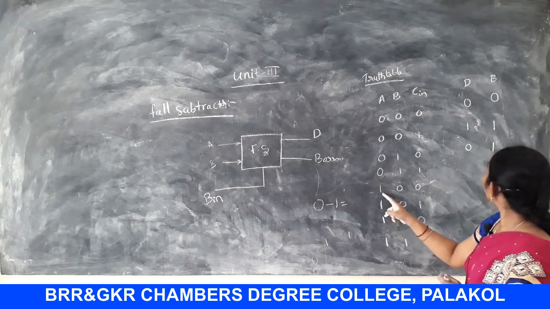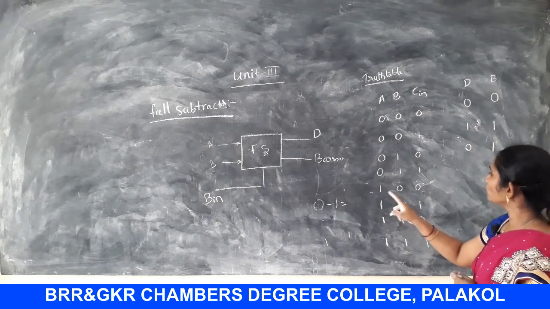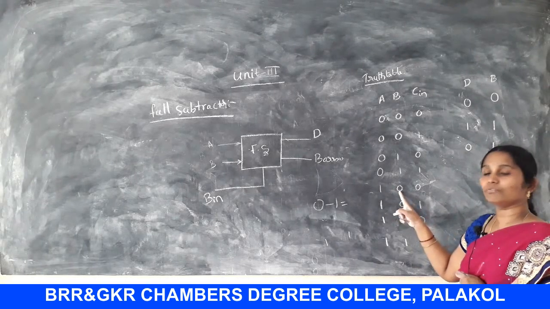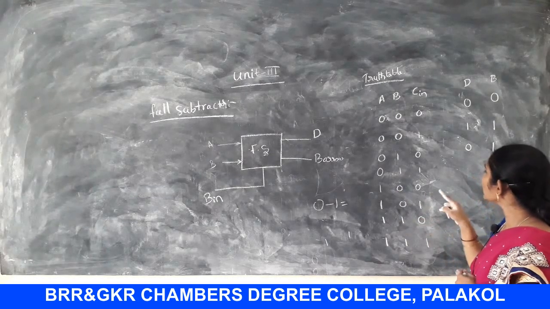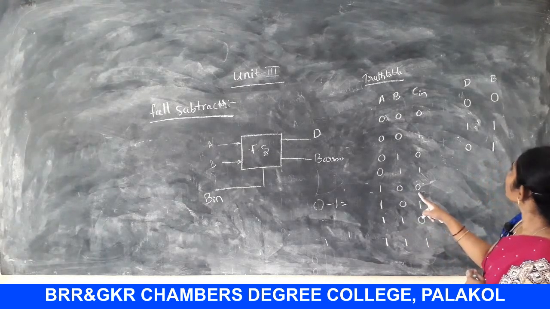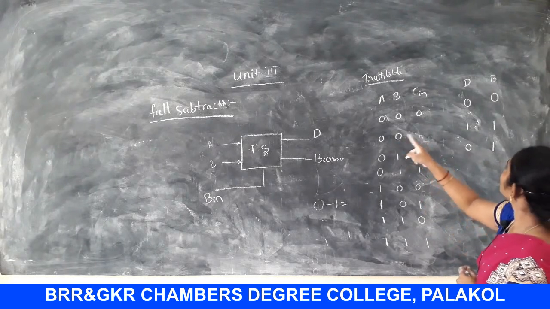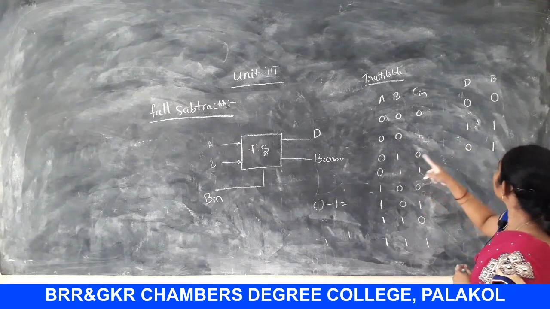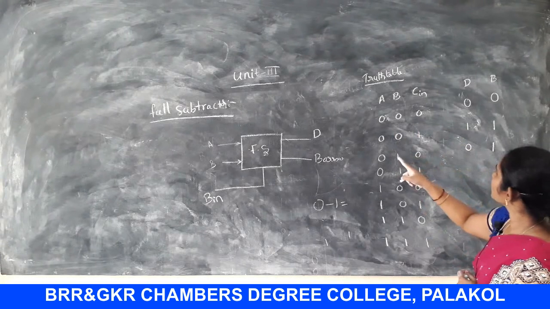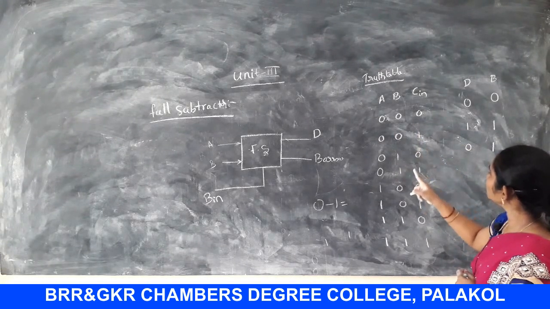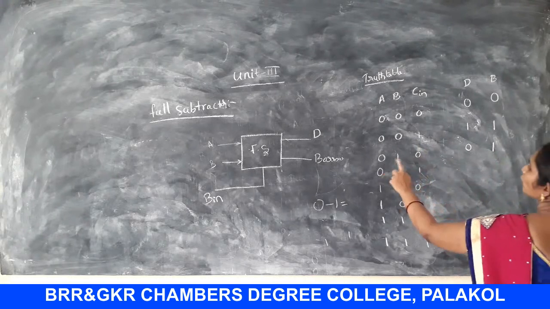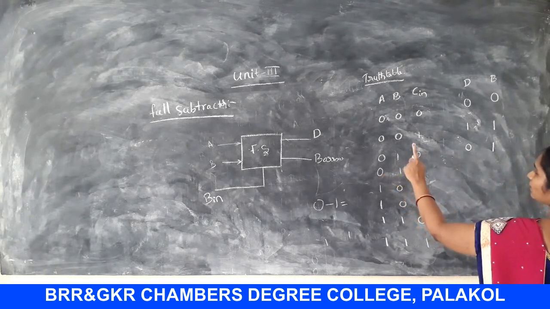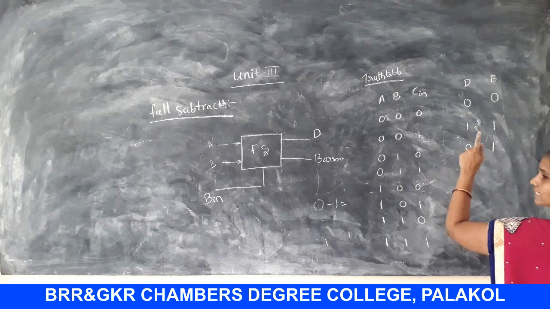And again, here 0 minus 1 minus 0 is 1. So this is 1, 2, 3 and this is 4. Here 0 minus 1 is 1 and the difference is 1.